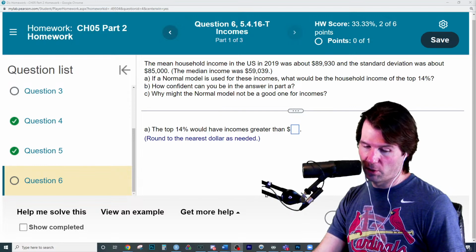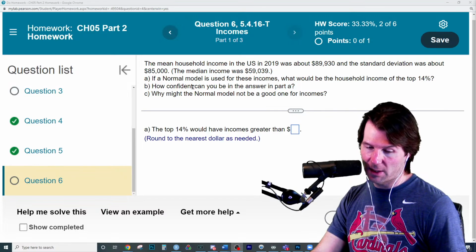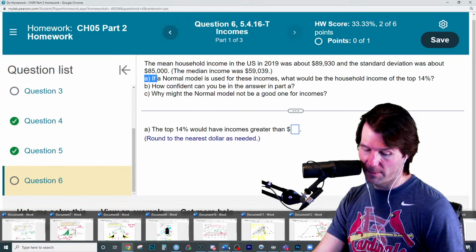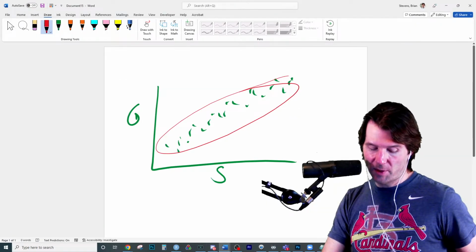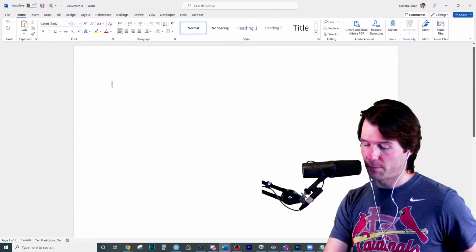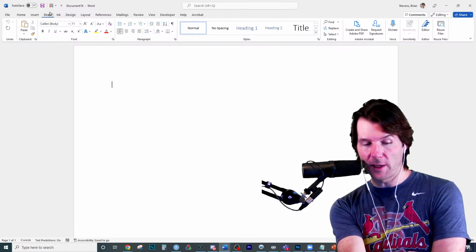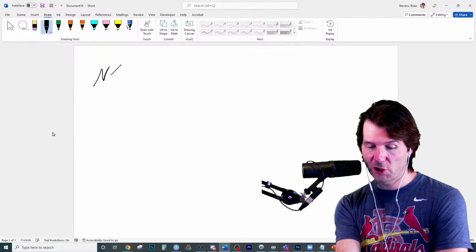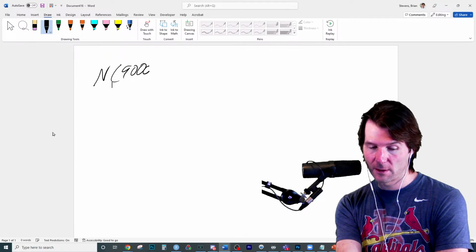If this data is normal, if a normal model were used, what would this data look like? Well, remember the mean is about 90,000 and the standard deviation is about 85,000. So we'd write the following: normally distributed with a mean of 90,000, I'm rounding, and 85,000 standard deviation.